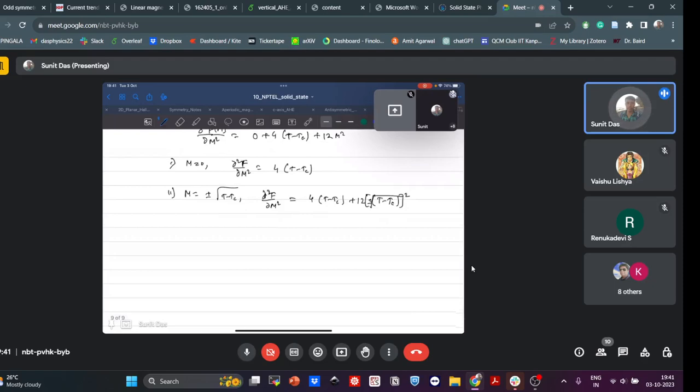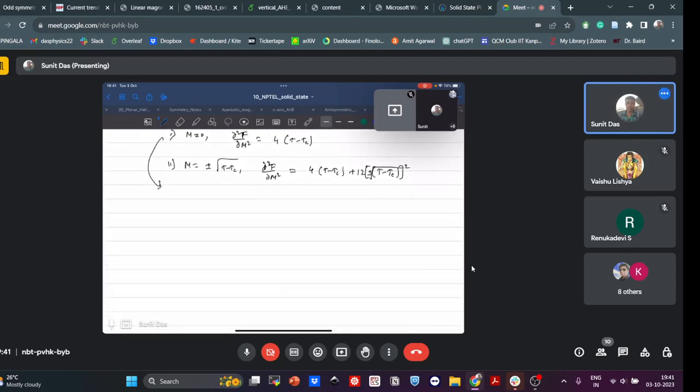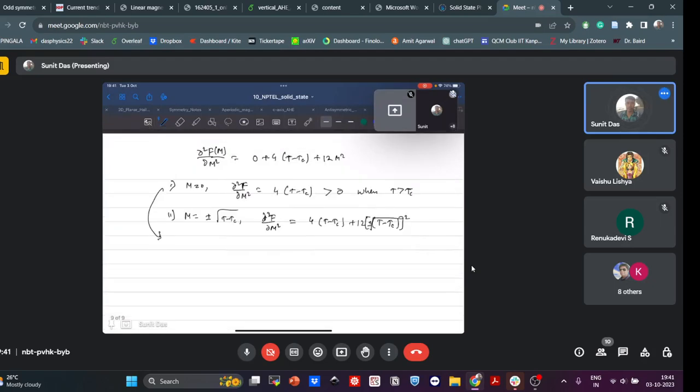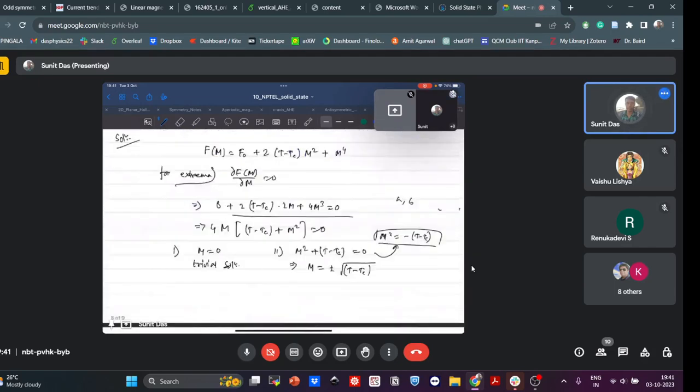Now we will analyze both the cases. Let's analyze the first case first. For m equal to 0, this del 2f del m2 will be greater than 0 when t greater than tc, right? And we need to find for t greater than tc.